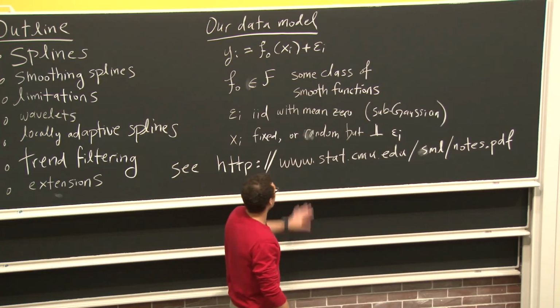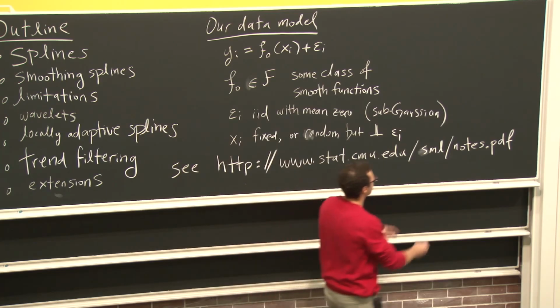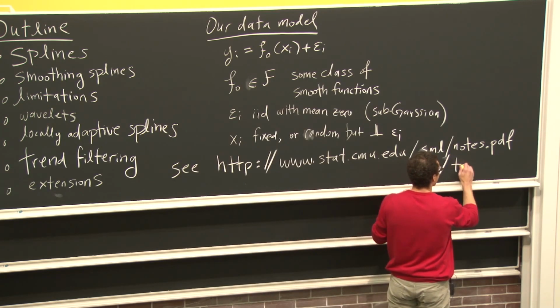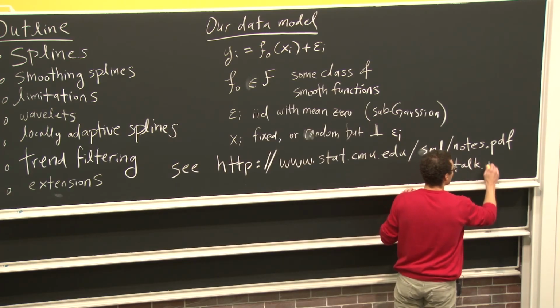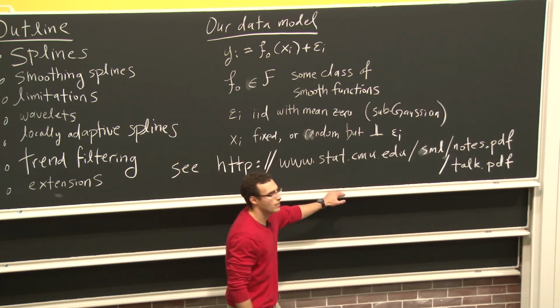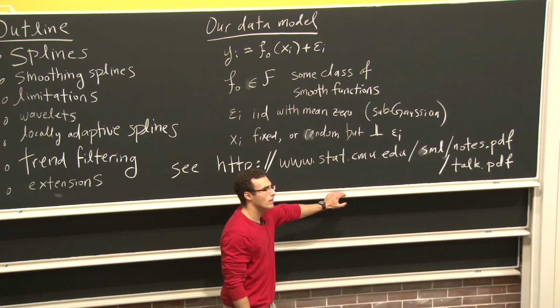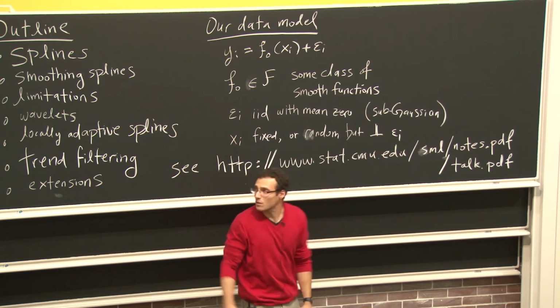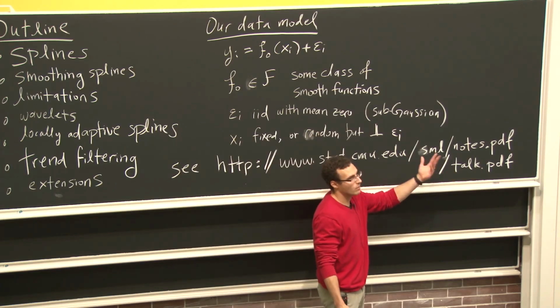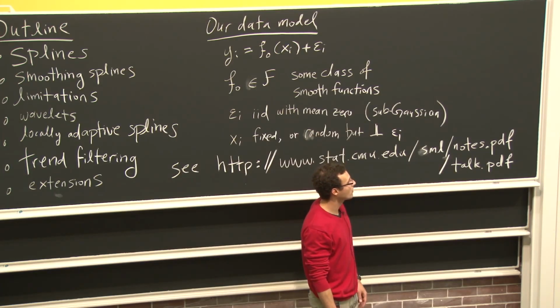And the same link, but then talk.pdf. I put in a talk on trend filtering that I've given a few times recently that is maybe just more color pictures than the notes. It doesn't cover all of this stuff, but at least it covers trend filtering. So this one may be more fun to look at than just a set of notes.